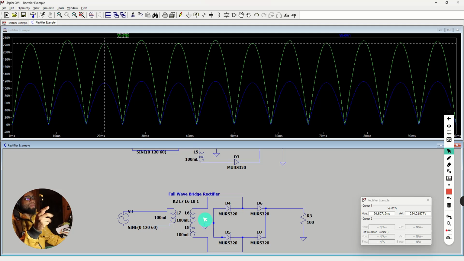This is one thing to keep in mind when you're using a center tap transformer and you put a bridge rectifier on it. Sometimes it's not the rating of the transformer that dictates how much power you can get out of it. It's also the way you're going to rectify it on the opposite end.